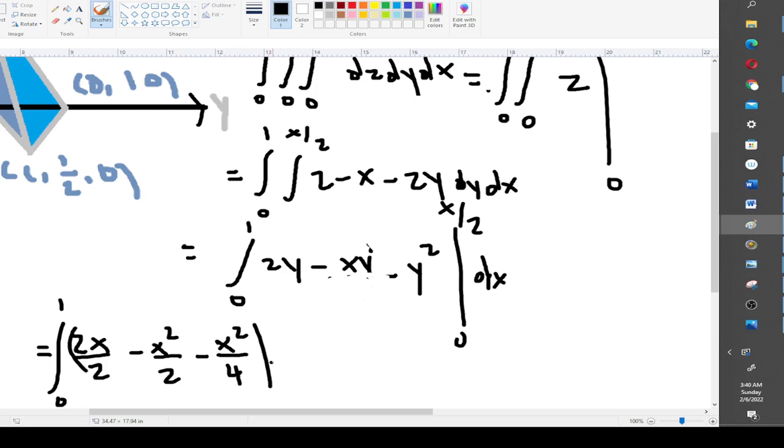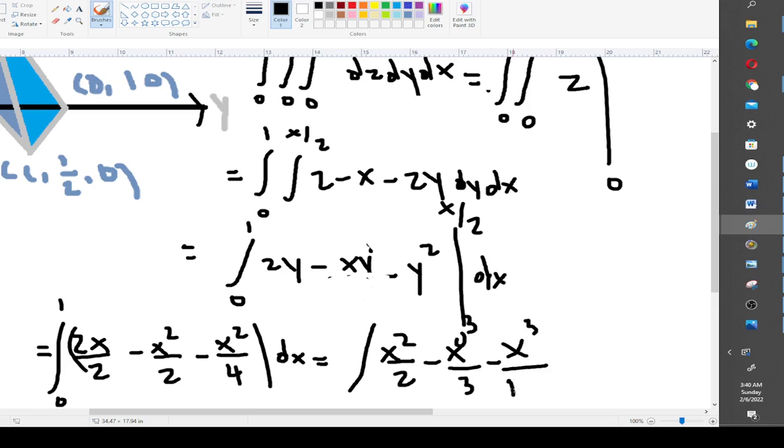And then we evaluate that with dx. So if I integrate with respect to x, this should just be x, so that's going to be x squared over 2. Then minus x cubed over 3 minus x cubed over 12.